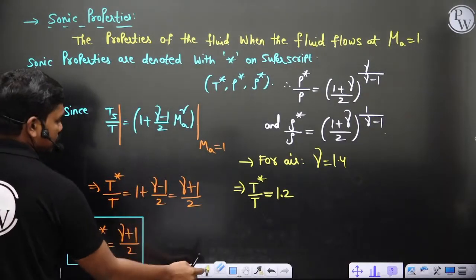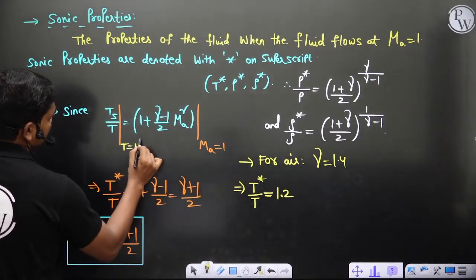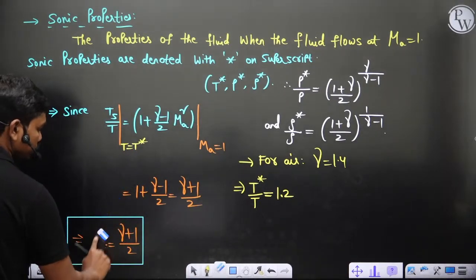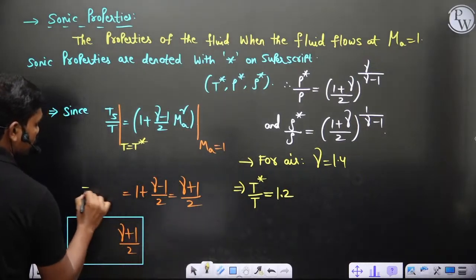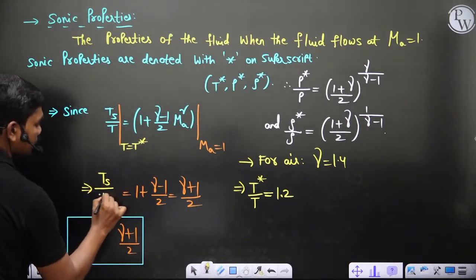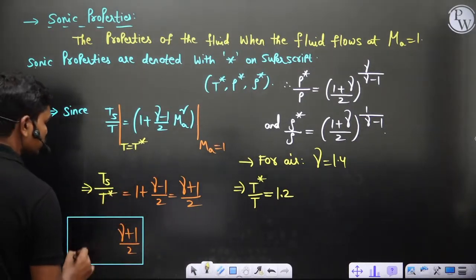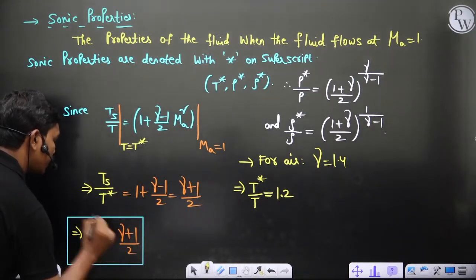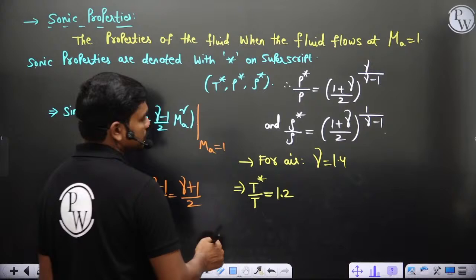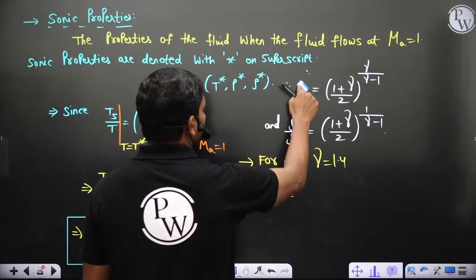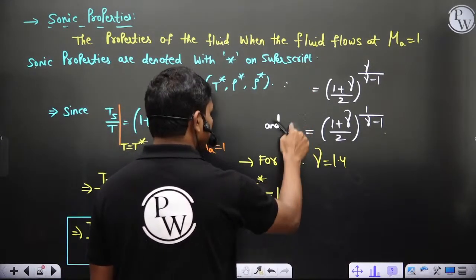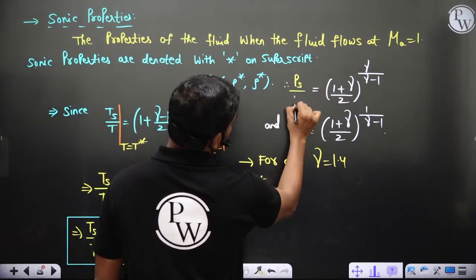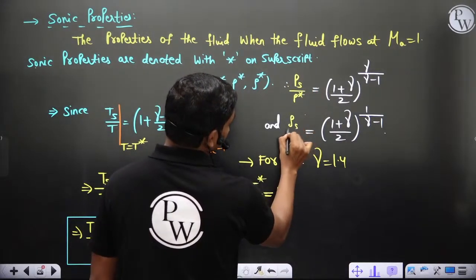T is equal to T star actually, because these are stagnation conditions, so these things are slightly mistaken. It should be Ts by T star, and similarly Ps by P star and rho s by rho star.